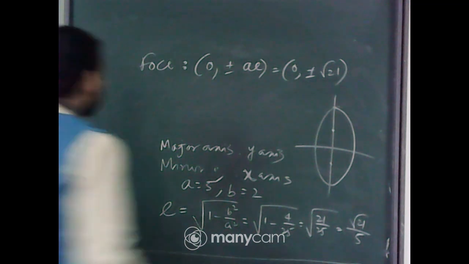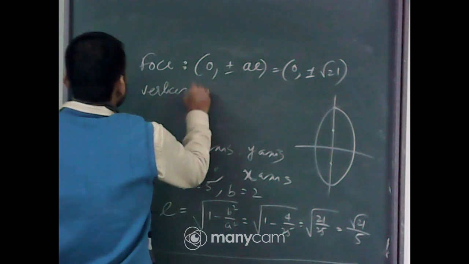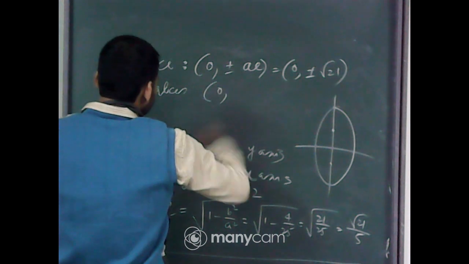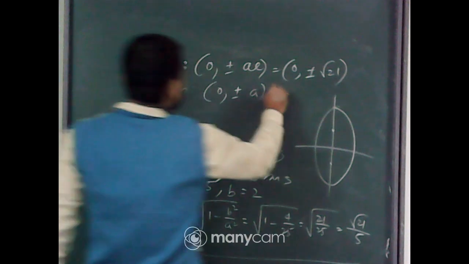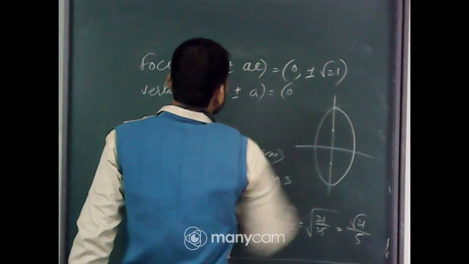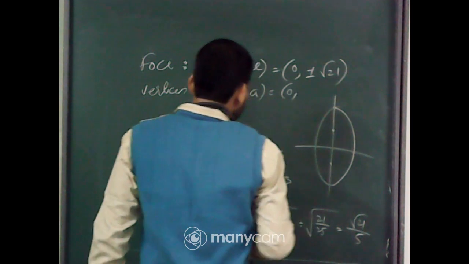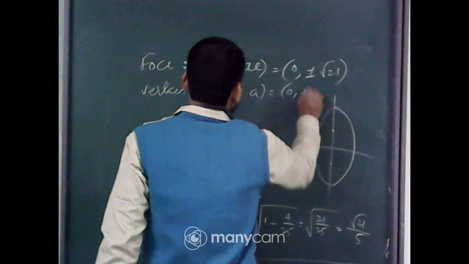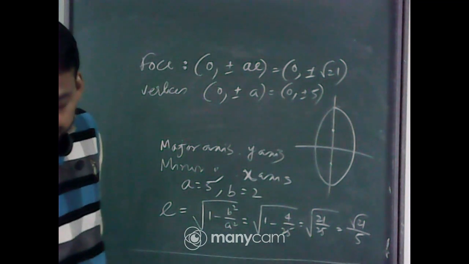Okay. Next the vertices: 0 comma plus minus a. That means it will be 0 comma plus minus 5. Okay, that is the vertices.